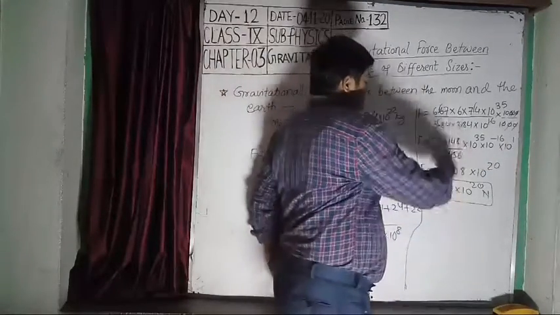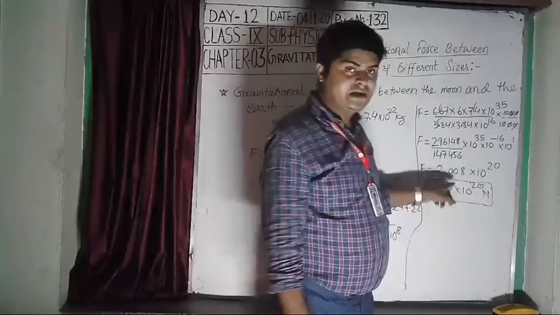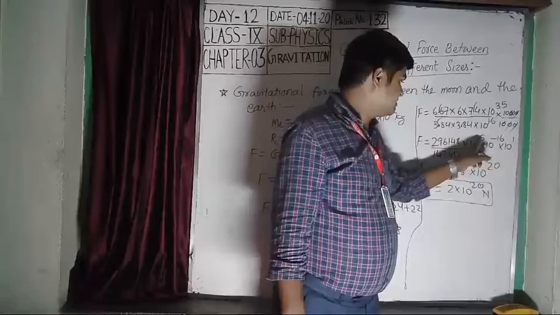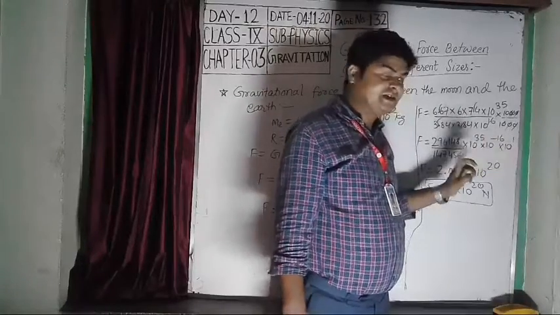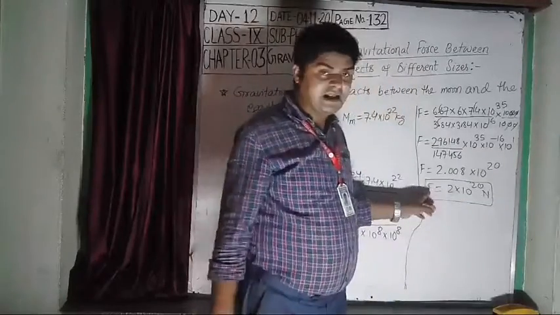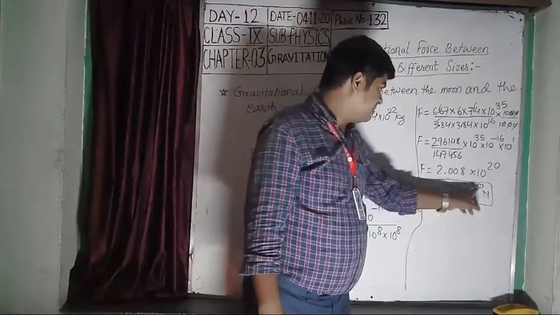When you divide, the result is 2.008 into 10 to the power 35 plus 1, 36, minus 16, that means 10 to the power 20. So your final answer is 2 into 10 to the power 20 Newton.